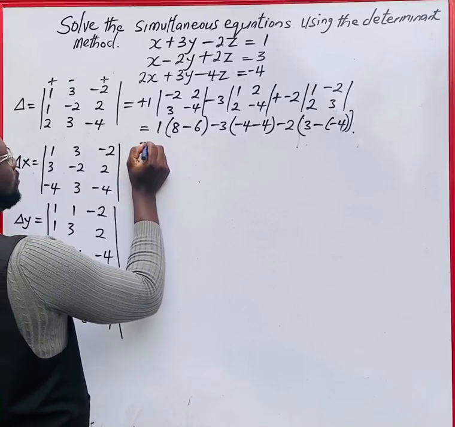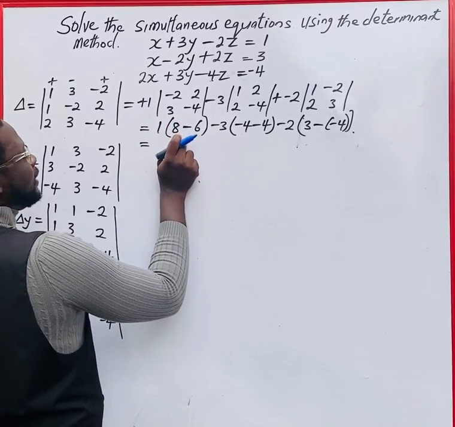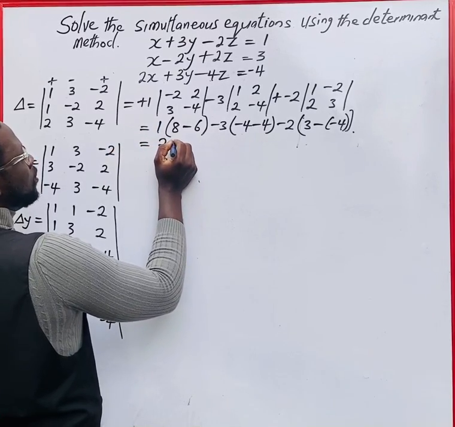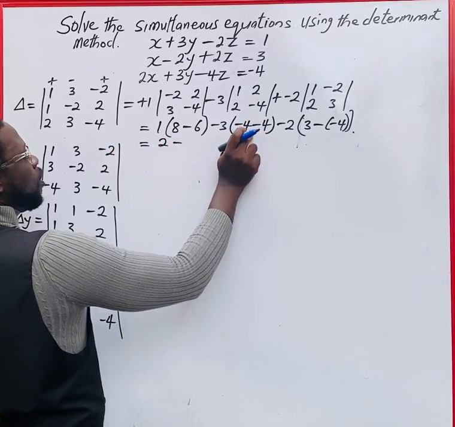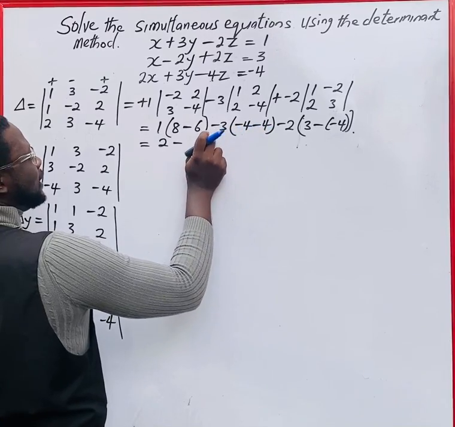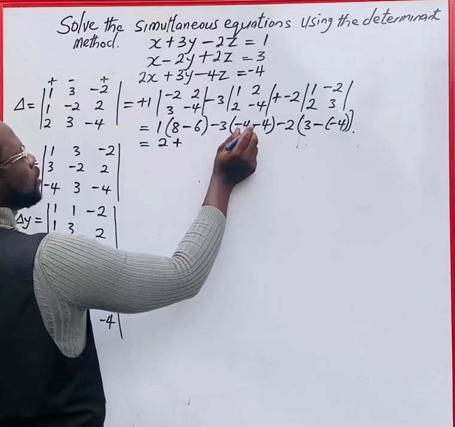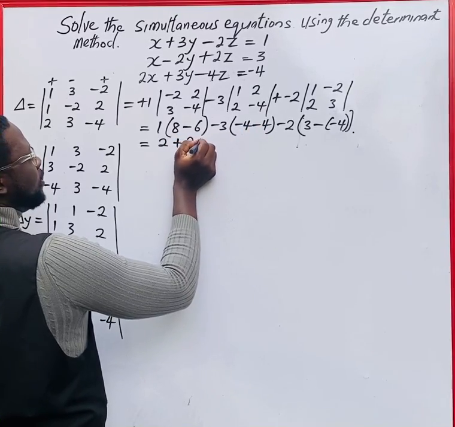So we have 8 minus 6 is 2. 2 times 1 we have 2. Minus, minus 4 minus 4 is minus 8, times minus 3 will give us plus 24.